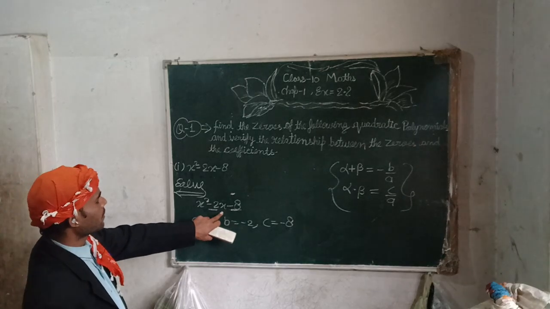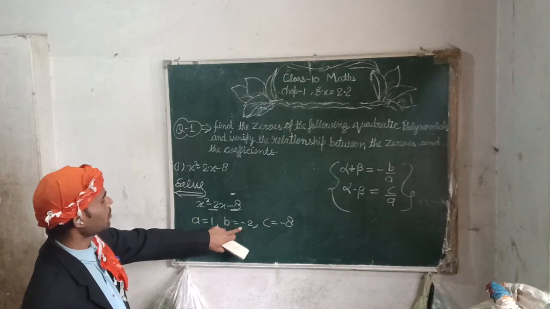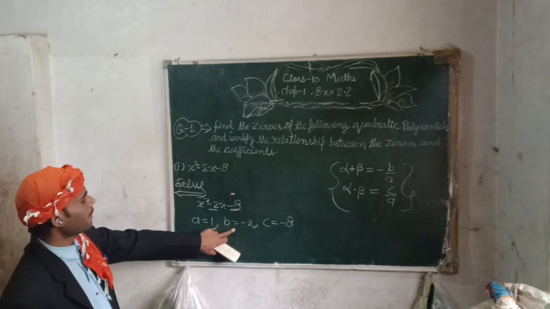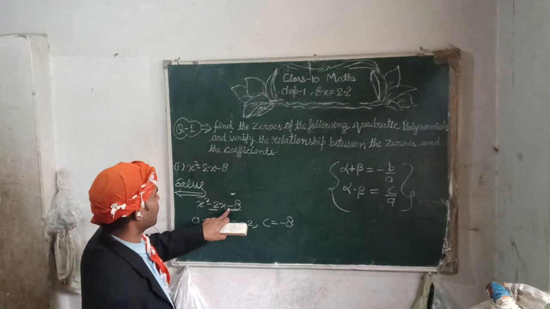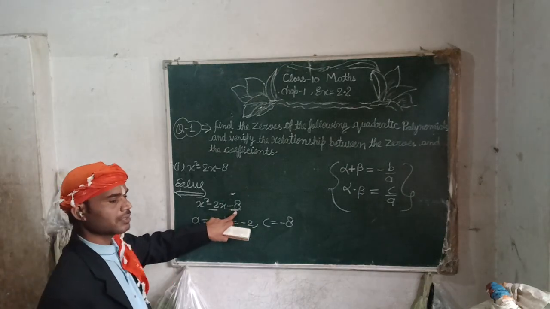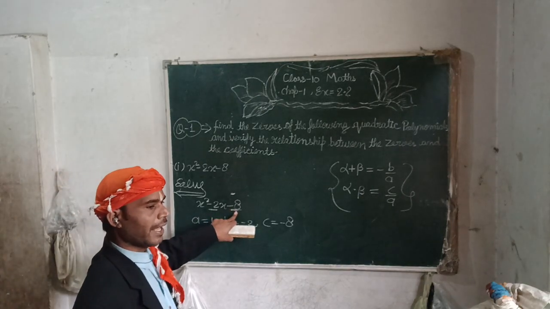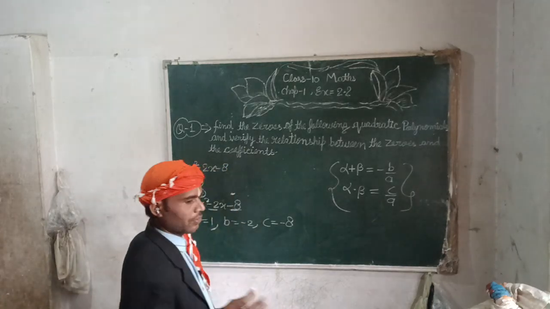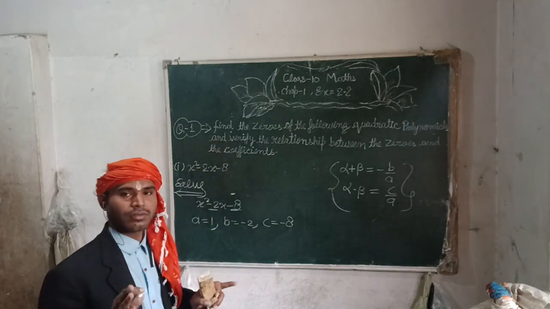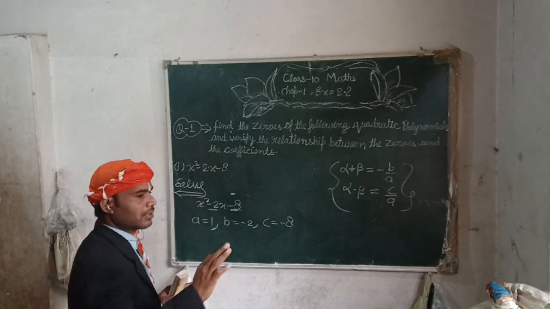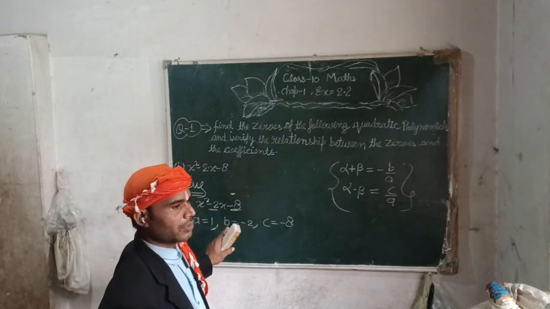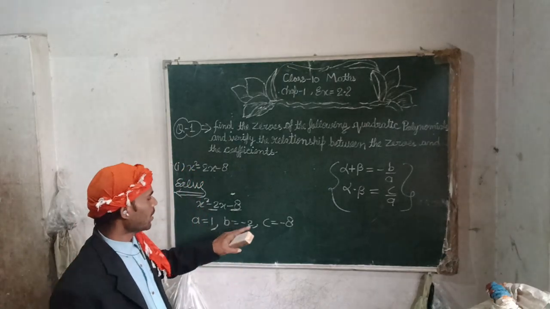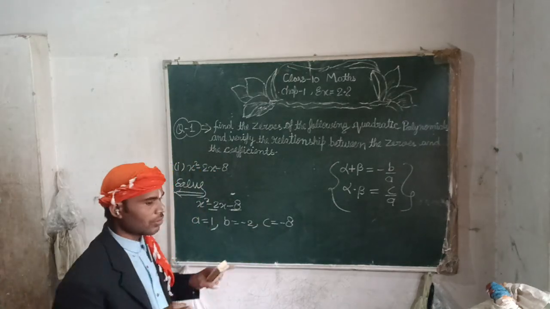The coefficient of x is minus 2, which is the value of b. And minus 8 is not in multiplication with any alphabet, so minus 8 is your constant.